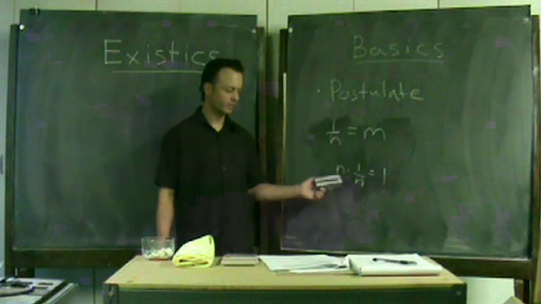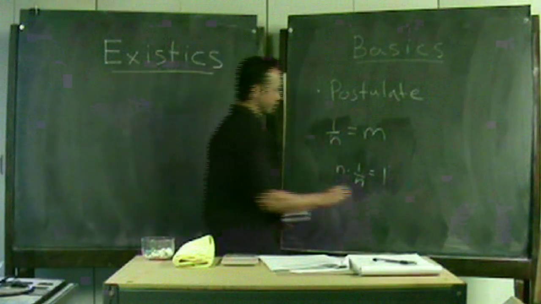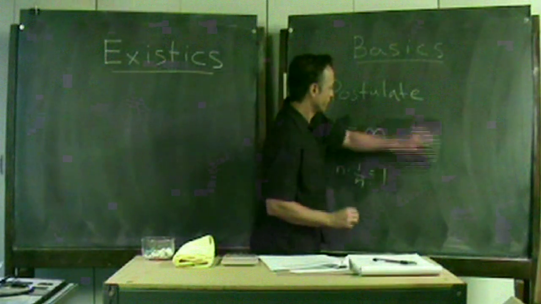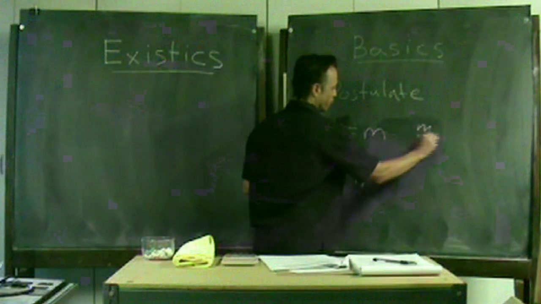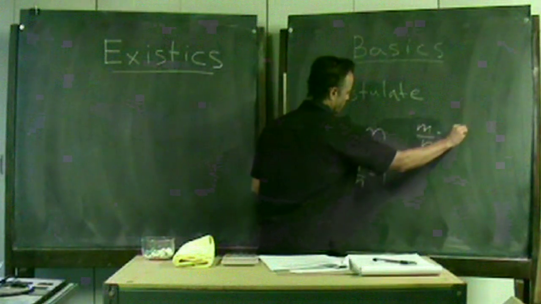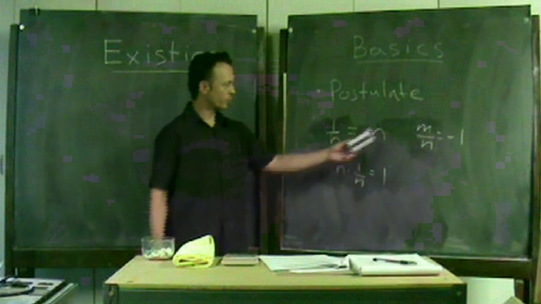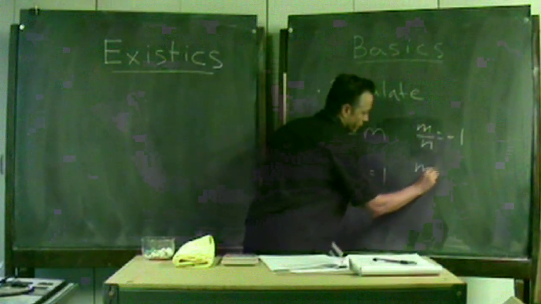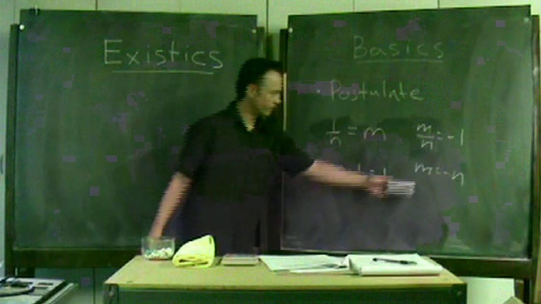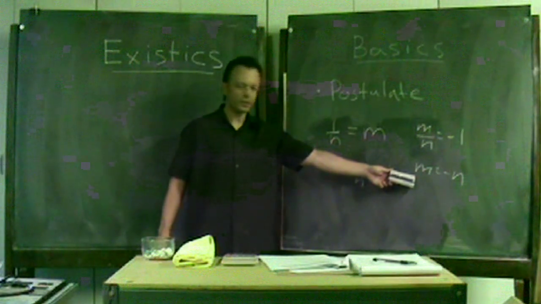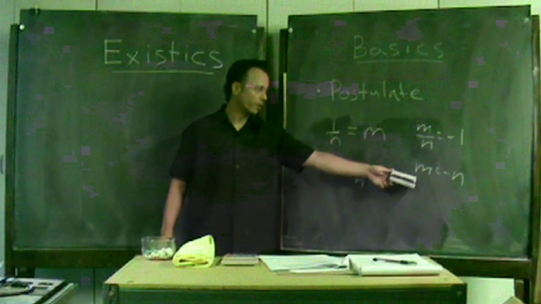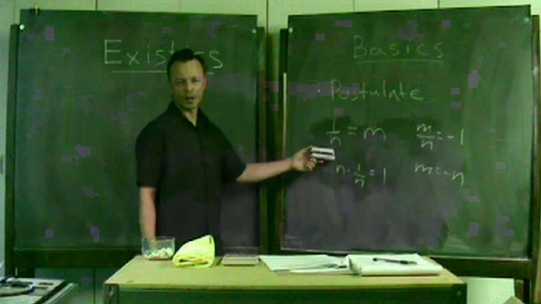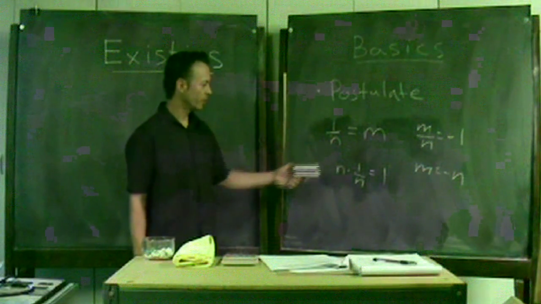So they're not opposites. Opposites would be more along the lines of m over n equals minus 1, where if we bring the n over, what you end up with is that m equals negative n. So in this case, they would be opposites or totally different. In this case, they are complementary reciprocals.